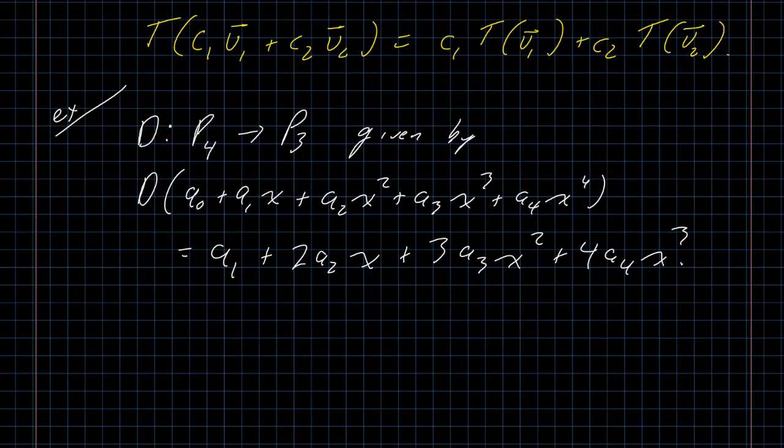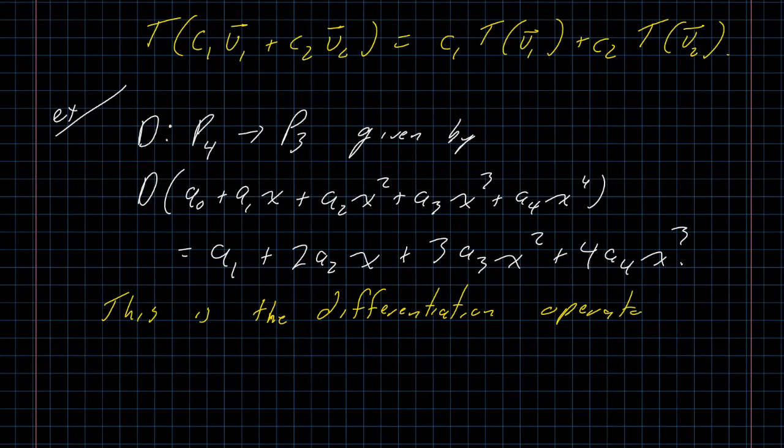And if you stop and think about this transformation for just a few moments, you will hopefully recognize that this is a special case of the differentiation operator from calculus.